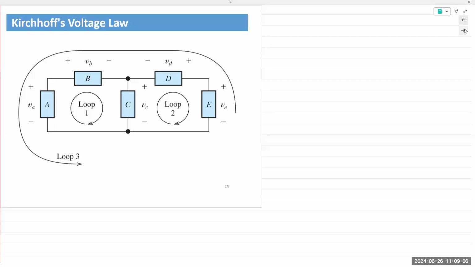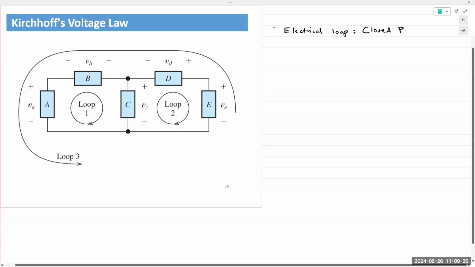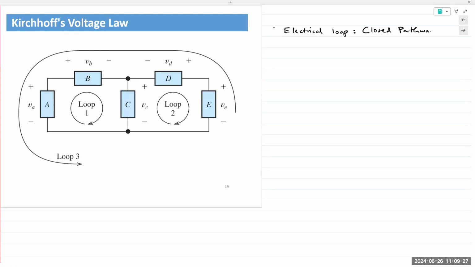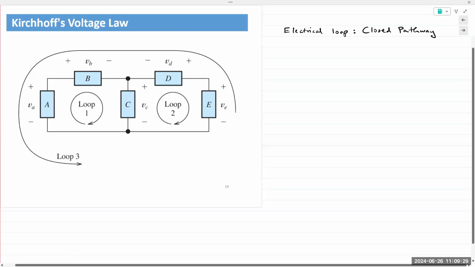First, I'm going to talk about the concept of a loop and a mesh. An electrical loop is basically any closed pathway that allows electrical current to flow through.